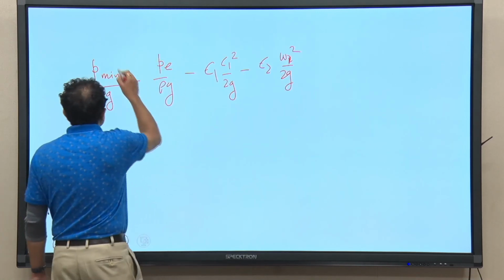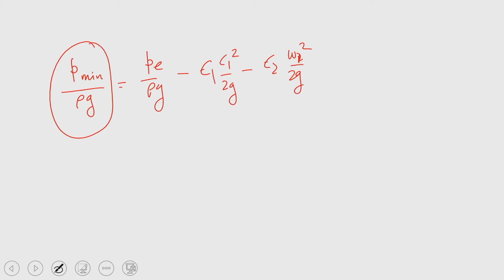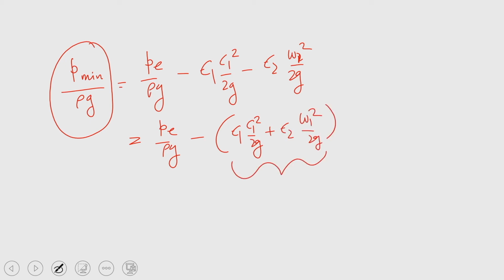So, this minimum pressure will definitely be less than the pressure at point E, and it is less by this amount. So, we can write P by rho g minus epsilon 1 into C1 square by 2 g plus epsilon 2 into W1 square by 2 g. This is the unit of head.